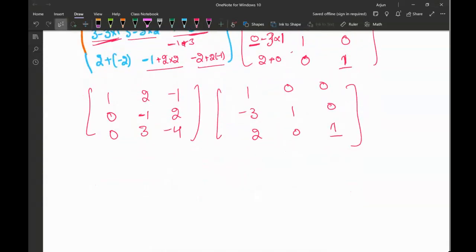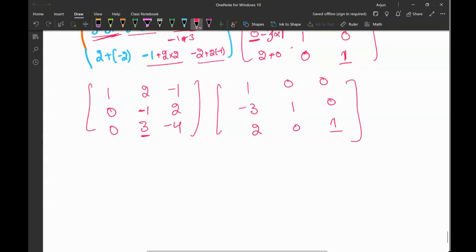Now the next step which I'm going to try and do is make this term 0. That's what I'm going to try and achieve.